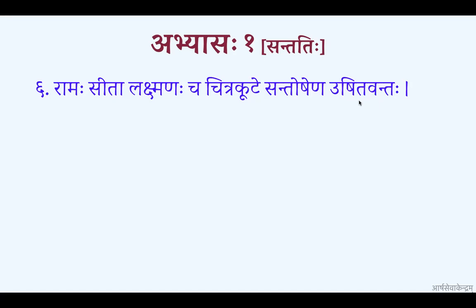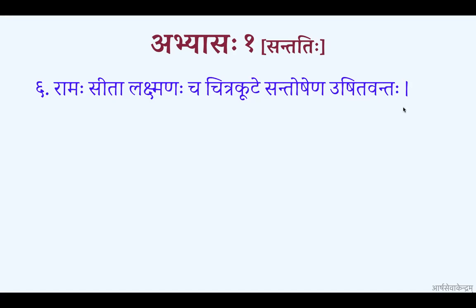So उषितवान्, उषितवन्तौ, उषितवन्तः. So what form is this word? उषितवन्तः or उषितवान्, whichever. तवतु प्रत्यय महोदय. सत्यं.